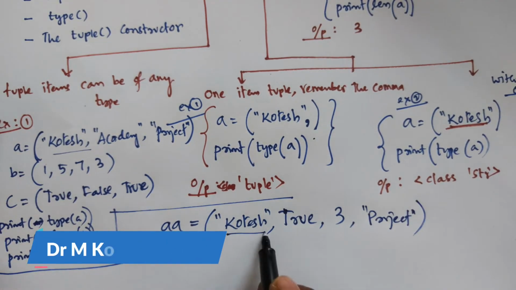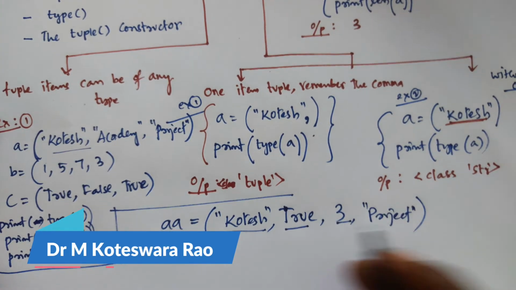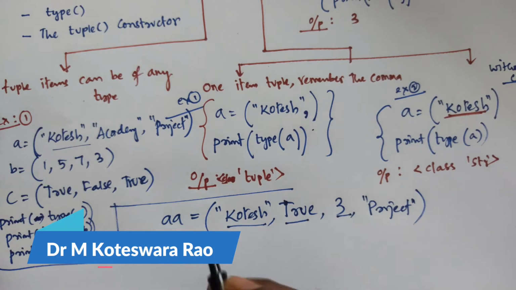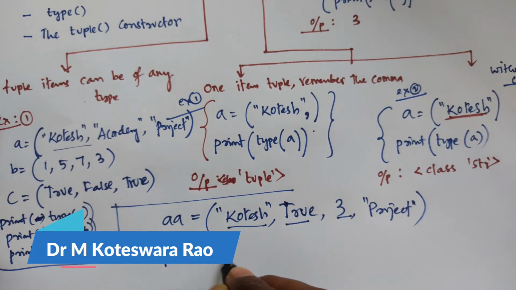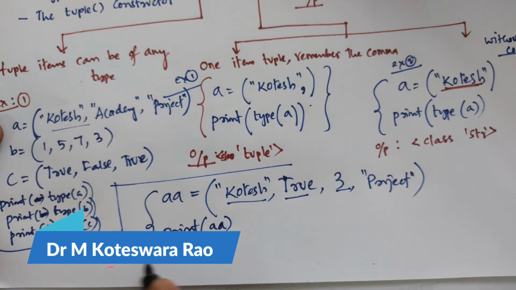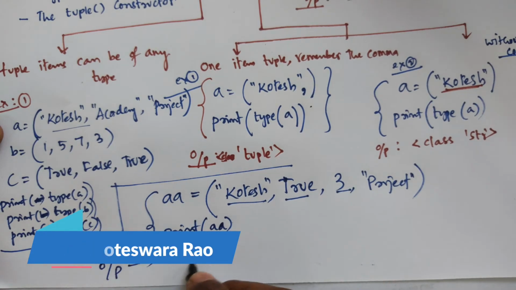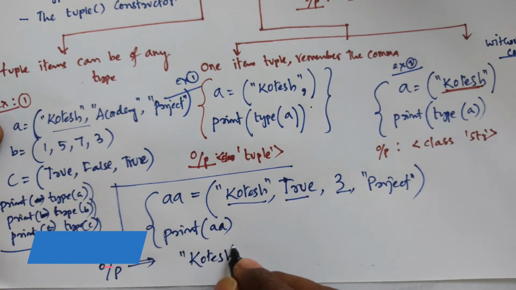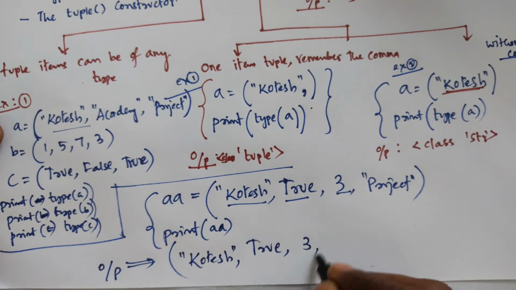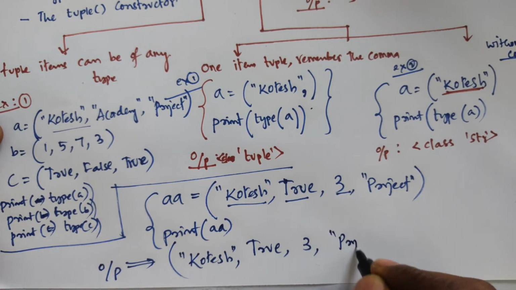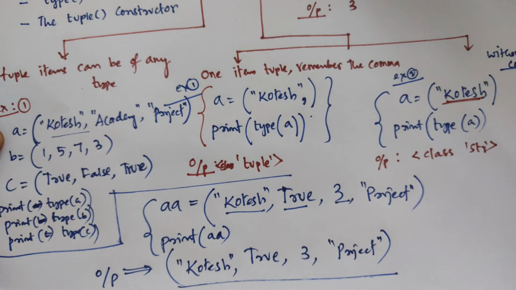So it contains string, Boolean, integer, all types. Then if you write print of A, after execution of these two lines, we get the output as it is: the tuple contains quotation, Boolean true, integer 3, and once again a string, like that.